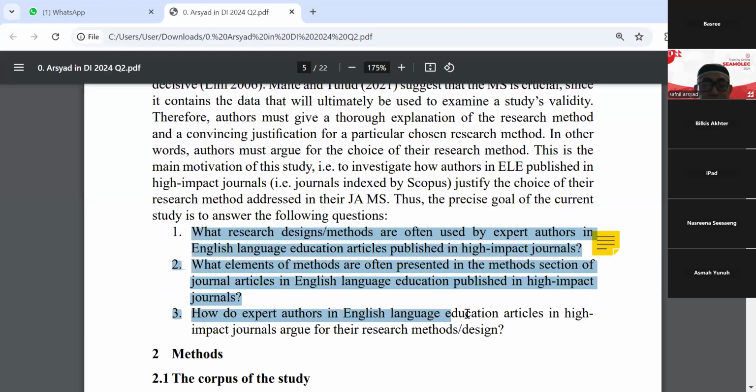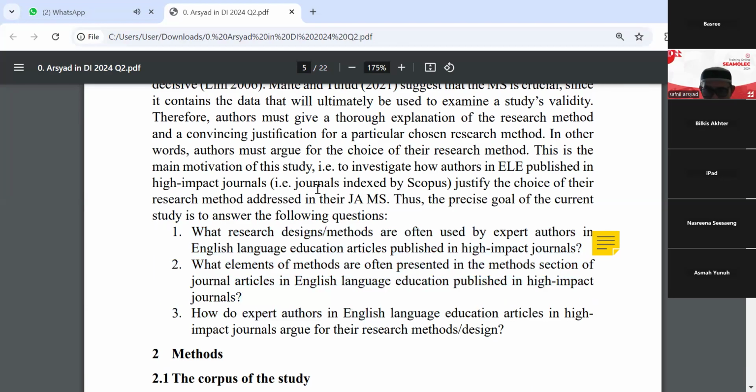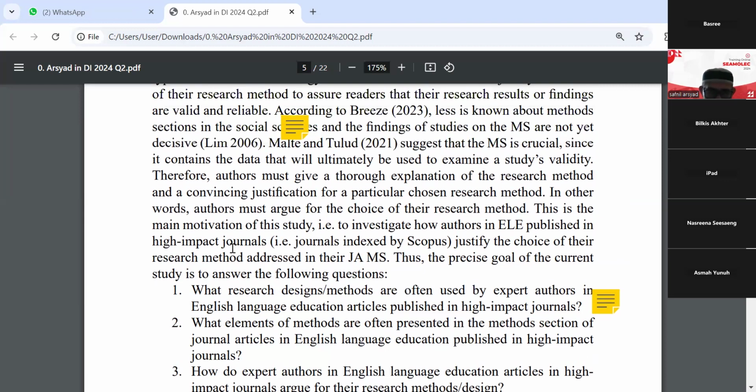There are three research questions here. What research design? So the research question must come from the research gap. Don't address unrelated research questions. The research question must respond to the research gap.